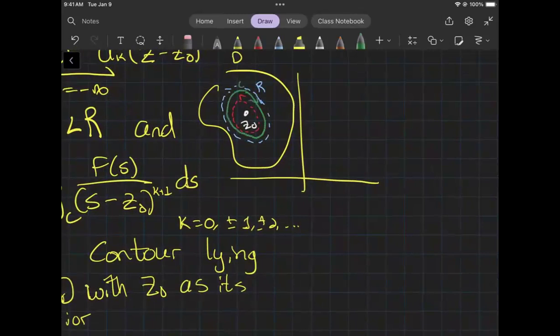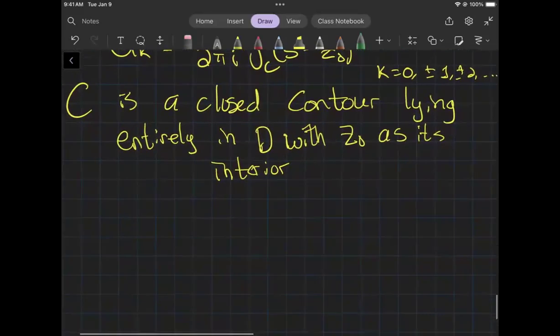And then C is basically this curve in green. So we can formulate the coefficients by using a closed contour that's in D and that has z naught as its interior. And this refers to the Cauchy integral formula and how you would show that.